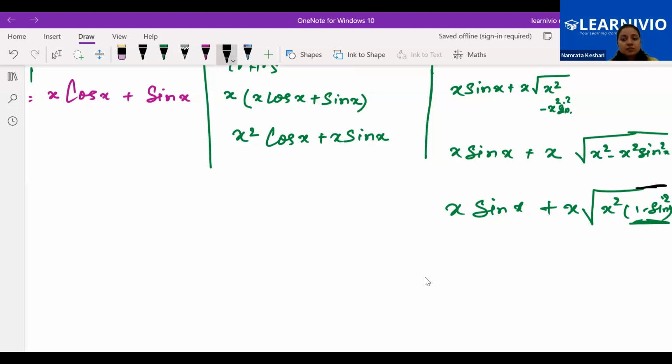It's cos square x. It is cos square x. And x square is there, all under root. Are you getting what we are going to get outside of the root sign?